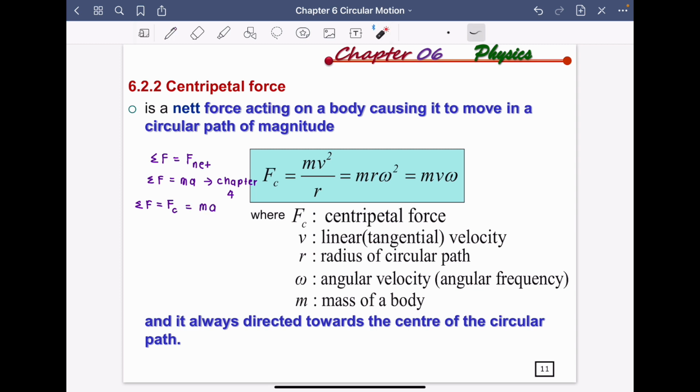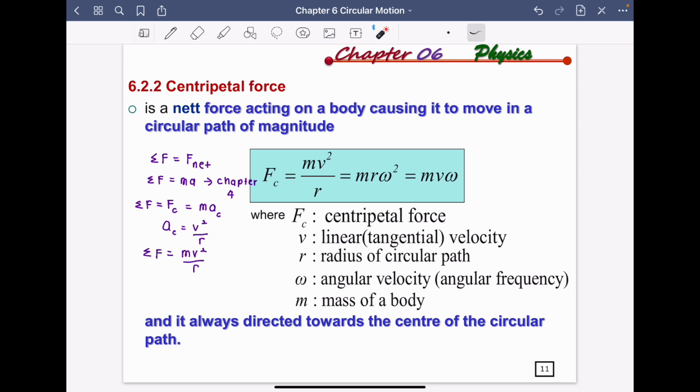Tapi A dalam circular motion dia adalah refer kepada centripetal acceleration. So dia akan jadi MAC lah. And just now AC is equal to V square over R. So total force kita akan equal to MV square over R.